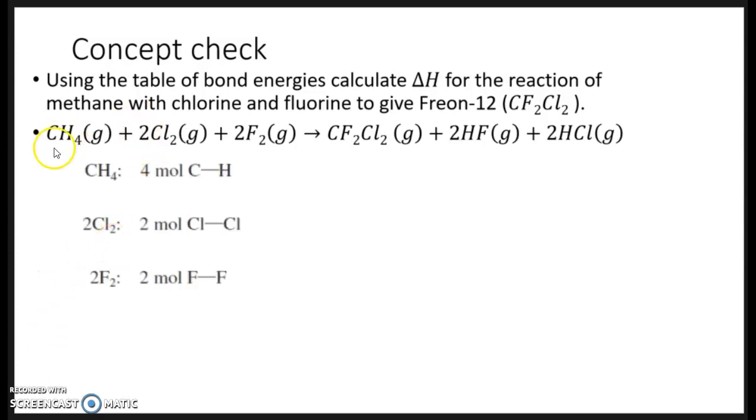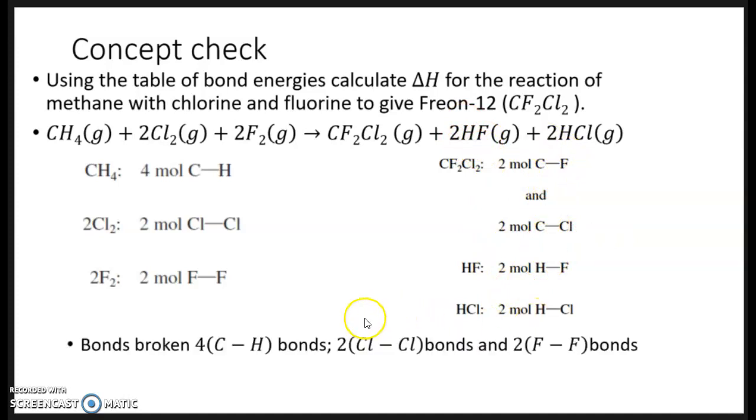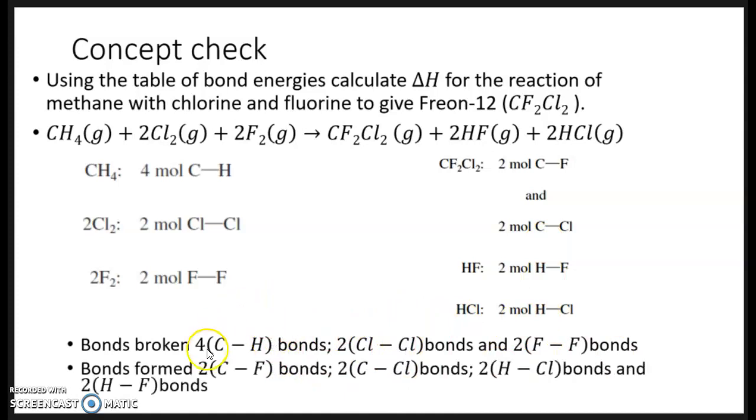The bonds that are broken: 4 CH bonds in CH4, 2 Cl–Cl, and 2 F–F. And the bonds that are formed: 2 CF, 2 CCl, 2 HF, and 2 HCl. So that's what we have, bonds broken and bonds formed.